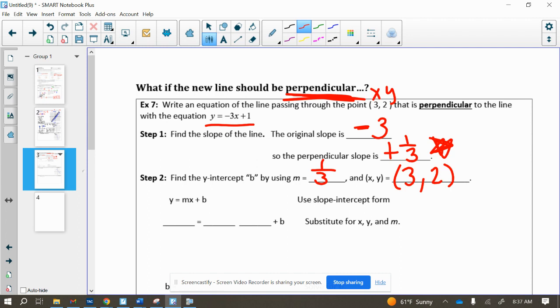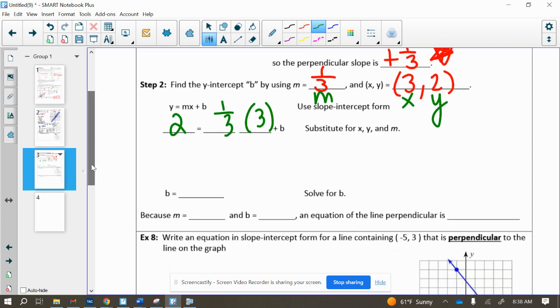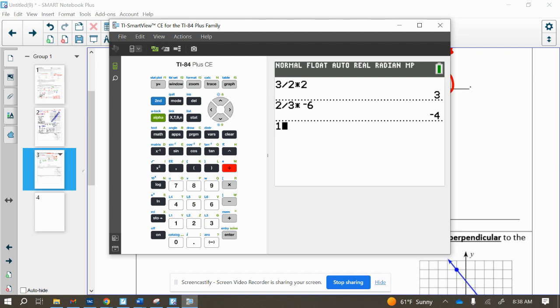So if we start plugging this information in, we have our y value, our m value, and our x value to plug in. And we can start solving for b. So we have 2 equals 1/3 times 3, which is just 1.